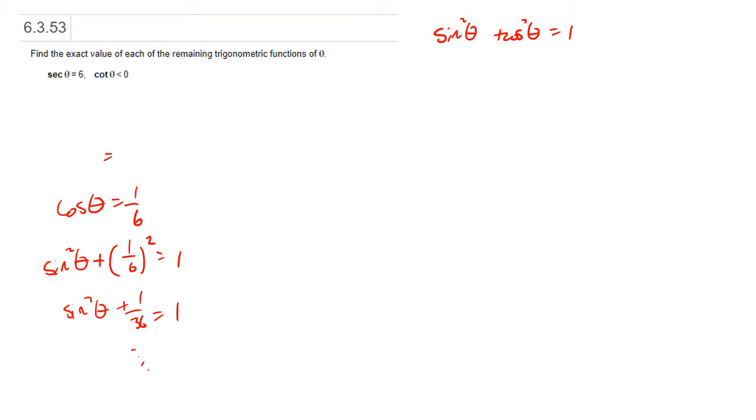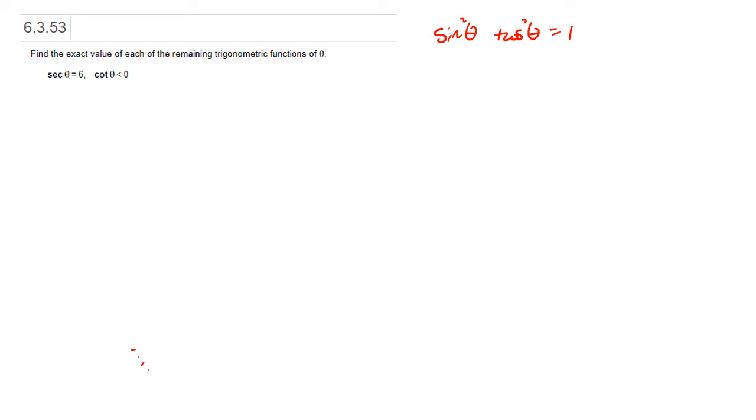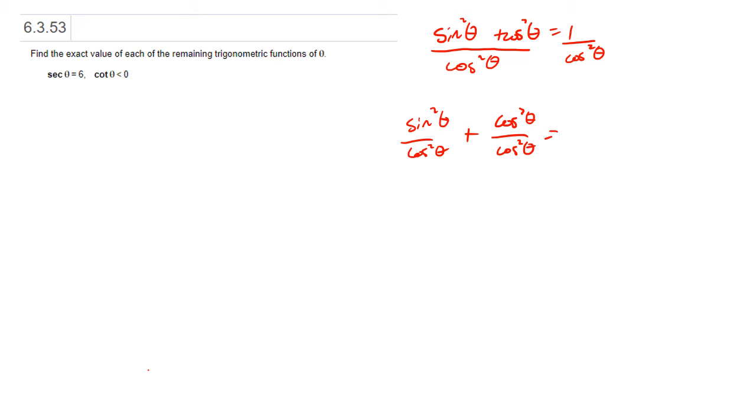Okay, let's look in the top right at that standard Pythagorean identity of sine squared theta plus cos squared theta equals 1. What I'm going to do is divide both sides by cosine squared of theta. Here I get sine squared theta over cos squared theta plus cos squared theta over cos squared theta by splitting that fraction apart, and here I have 1 over cos squared theta.